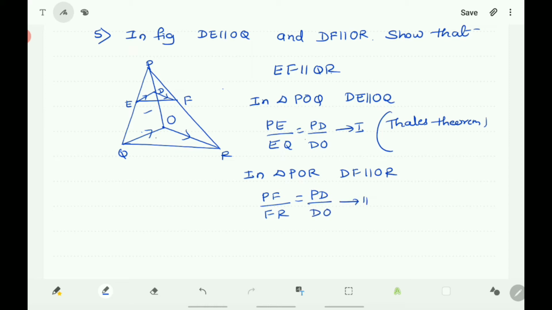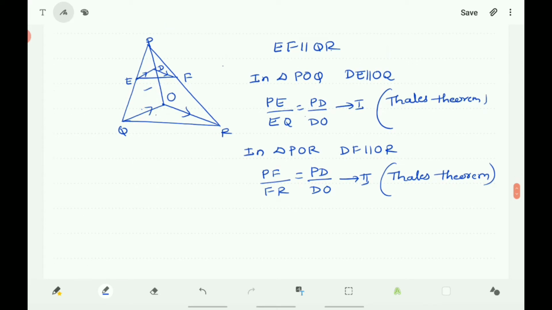Consider this as second, and the reason is also the Thales theorem. Here you applied the Thales theorem to both triangles POQ and POR, as DE is parallel to OQ in triangle POQ and DF is parallel to OR in triangle POR.